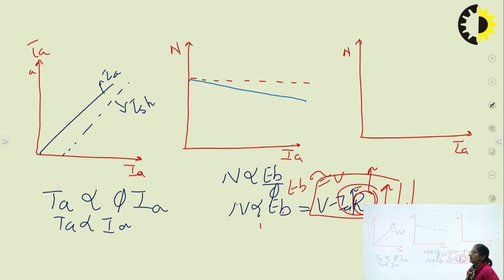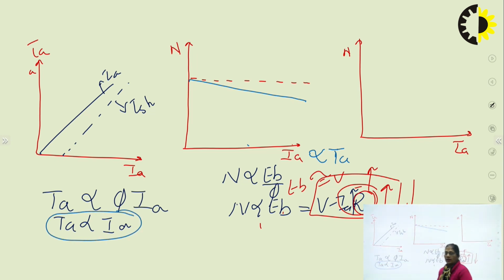Now, coming to the last, that is speed versus torque. This characteristic is very easy to understand, right? The same characteristic can be drawn from the earlier two. We have just seen the characteristic for speed versus armature current, and we also know from the earlier one that the torque is directly proportional to armature current.